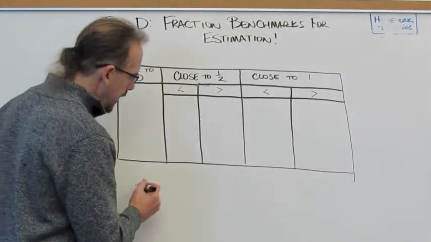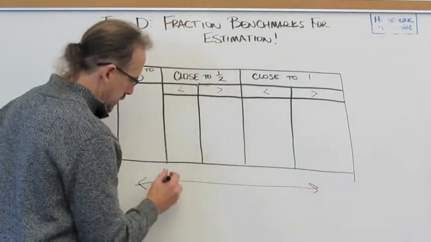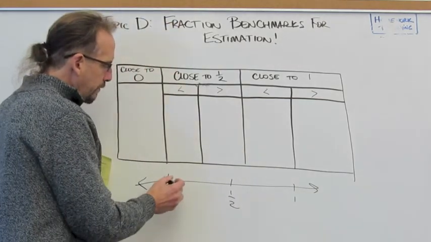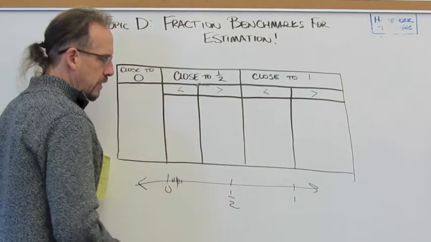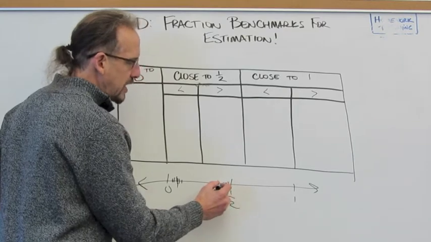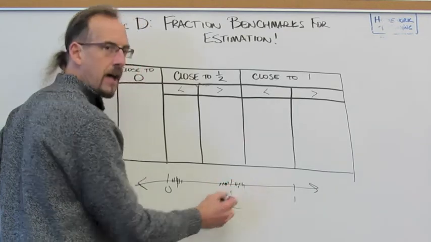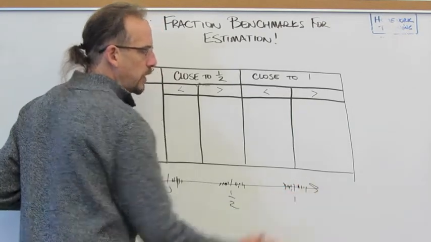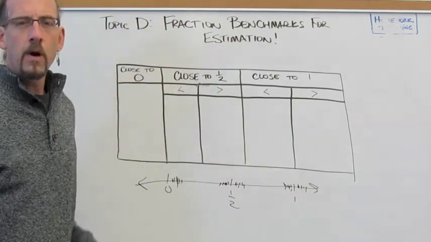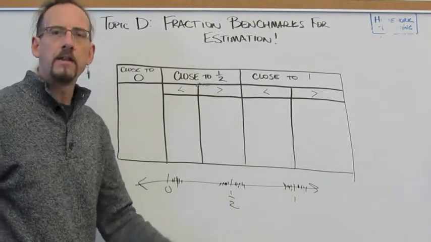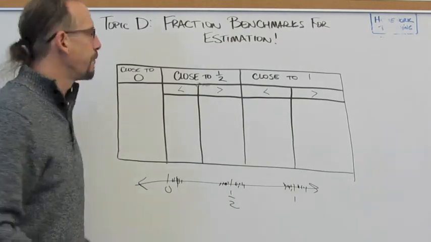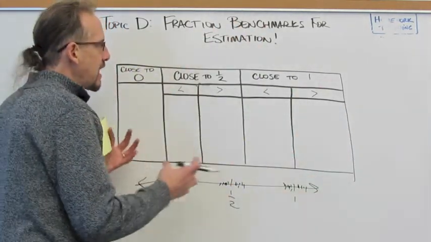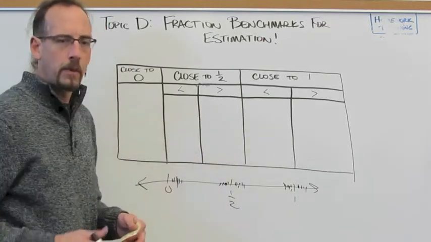So if you're thinking about a number line, we want to know what fractions are way down here, what fractions are a little bit less than a half, which ones are a little bit more than a half, which ones are up here close to 1 but a little less, and which ones are a little bit more. Because we want to have a sense of, oh, that's about 1, this is about a half for what we're going to do later. So we give them a lot of fractions, we put them out there, and then kids have to talk to each other and figure out where they would go on this chart.